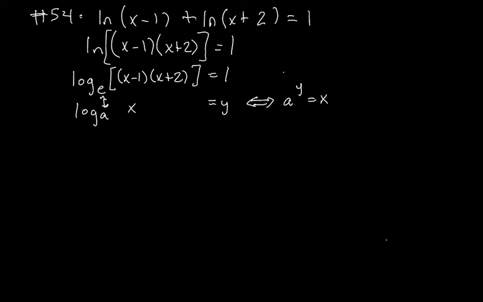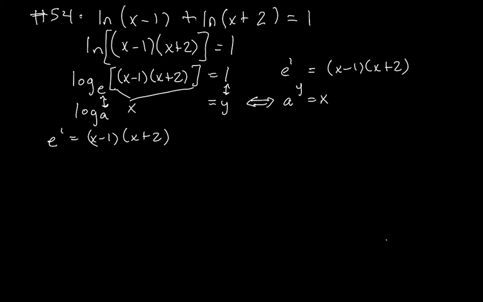So a matches to e, y matches to 1, and x matches to this product here. So then we have e to the 1 equals x minus 1 times x plus 2. Well, e to the 1 is just e, and then we have x squared plus x minus 2.